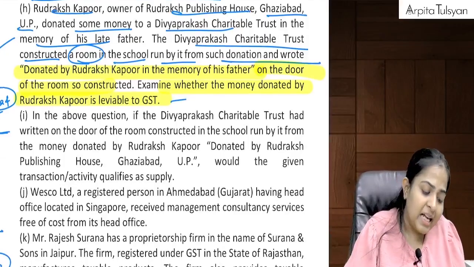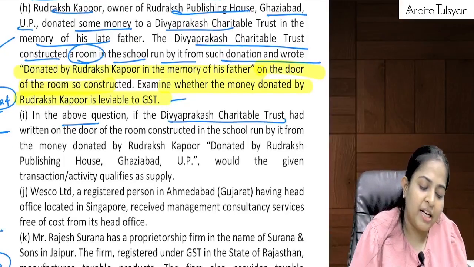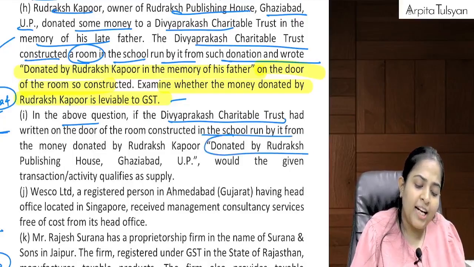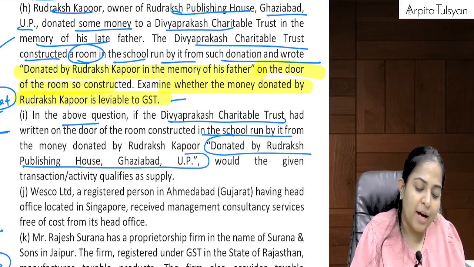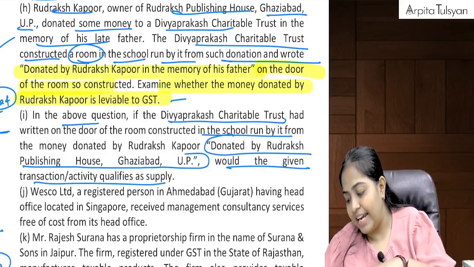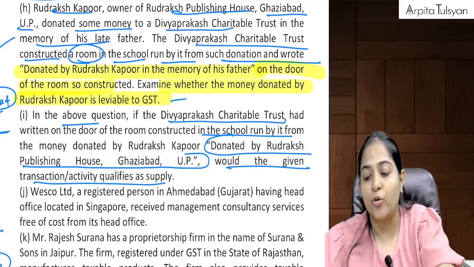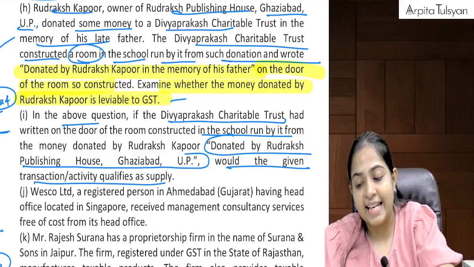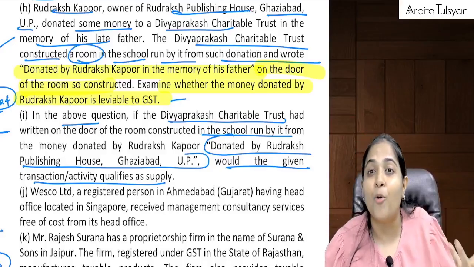But in the above question, if Divya Prakash Charitable Trust has written on the door of the room, donated by Rudraksh Publishing House, Ghaziabad, UP, would the transaction qualify as supply? Yes, definitely. If it is written that it is donated by Rudraksh Publishing House, then it is aimed at promoting the business.